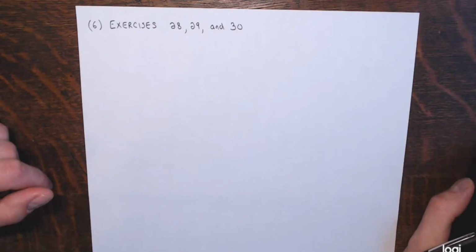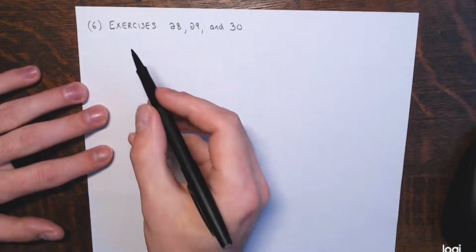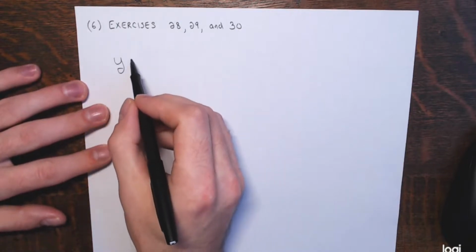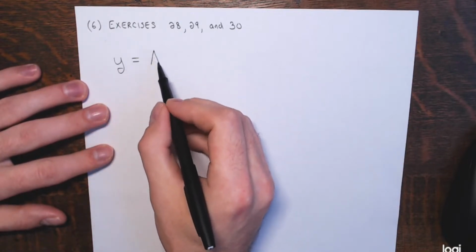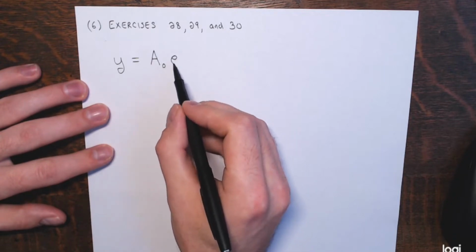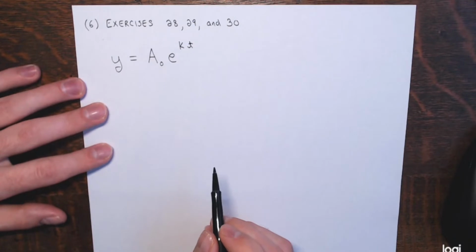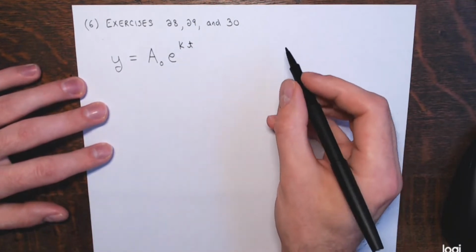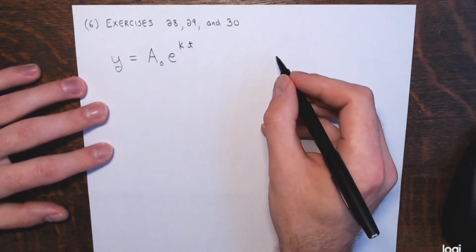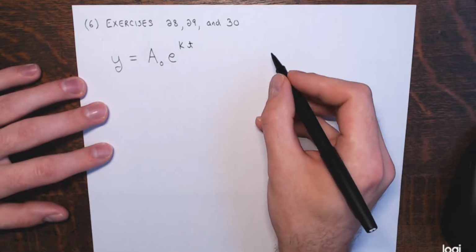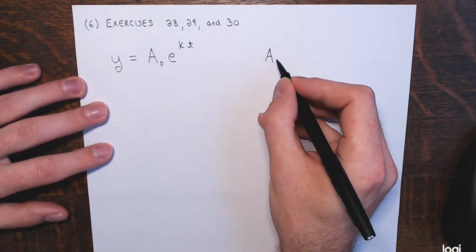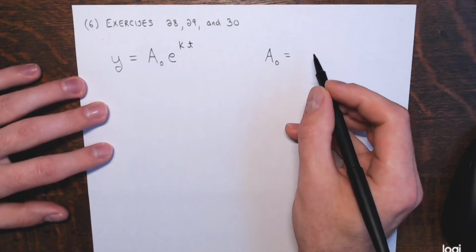Okay. So again, we're using this model. y equals some initial amount times e to the kt. This is for any growth or decay. And we don't know the initial amount, right? We're not given, oh yeah, we are. Sorry. The initial amount of this drug is 125 milligrams.